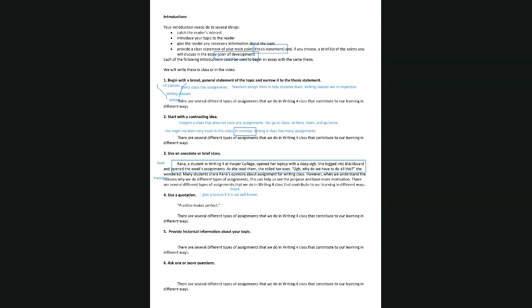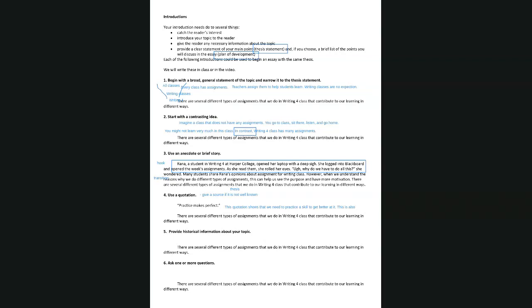This quotation shows the need to practice a skill to get better at it. This is also true for writing, and in writing class, we practice assignments to get better at writing.